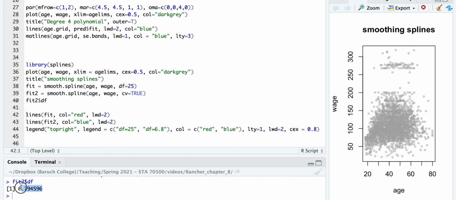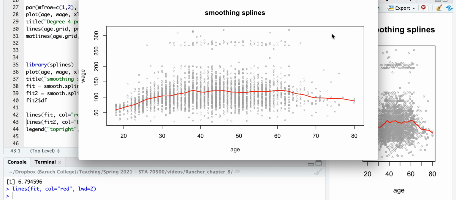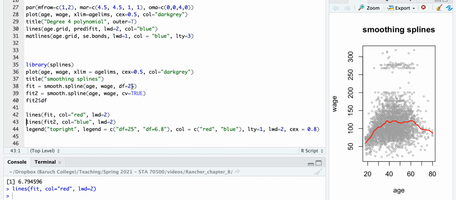The optimal degrees of freedom is 6.8. fit$df gives us the optimal degrees of freedom. Then I'm going to plot the fit. The degrees of freedom is, what was it, 25. Let's make it even larger, 45.